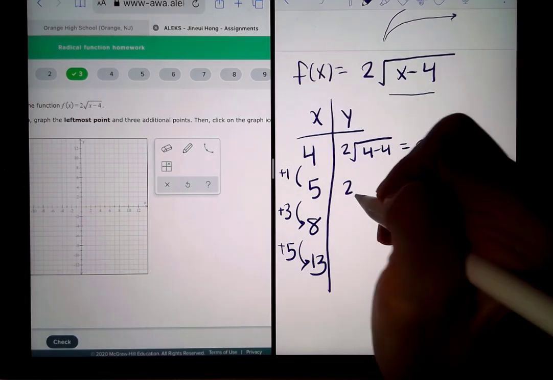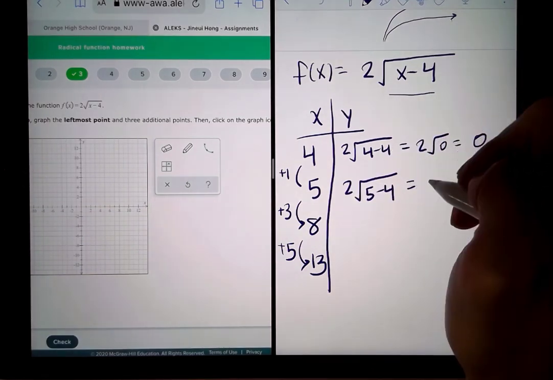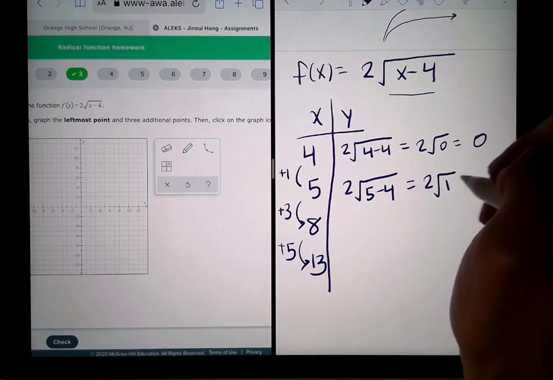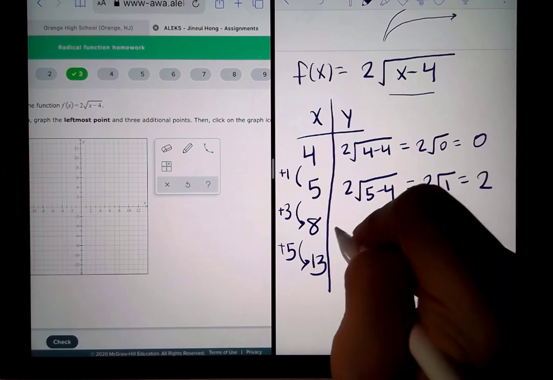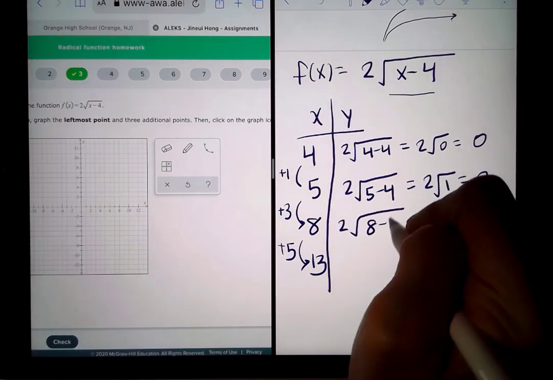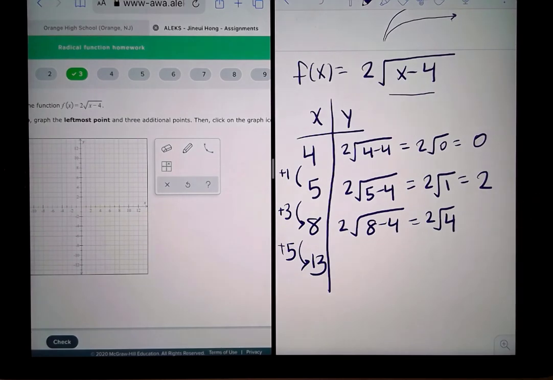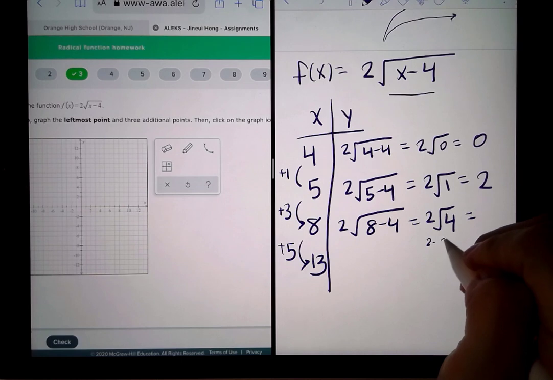So 2 and 5 minus 4, right? Then what do you get? 2 square root of 1, which is 2. And for that one, we put 8. So square root of 8 minus 4, then you get 2 square root of 4. 8 minus 4 is 4, so you get what? That's 2 times 2, right?